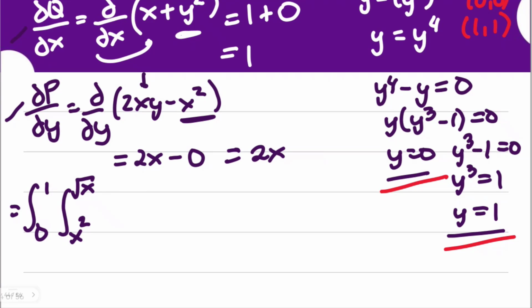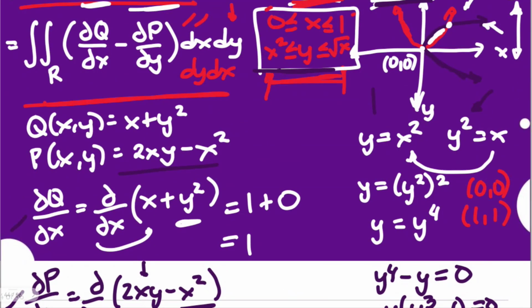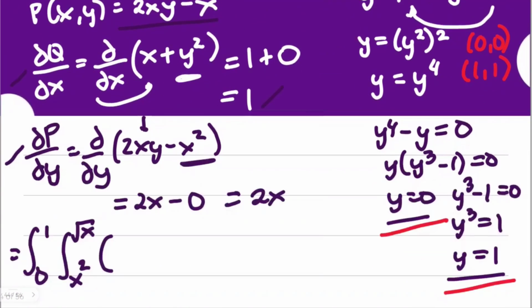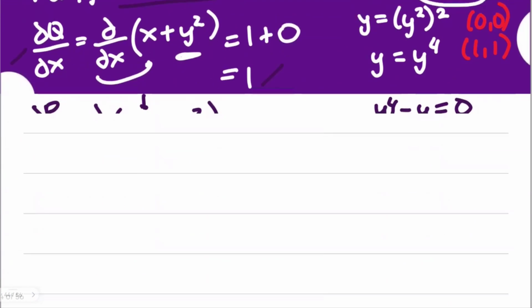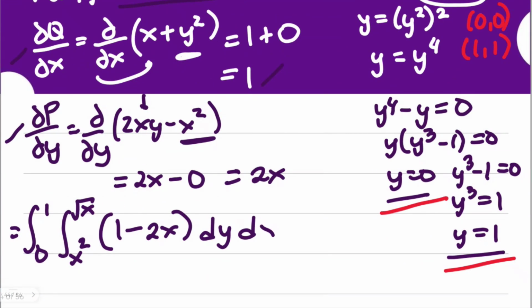The integrand is 1 minus 2x. Right? That's 1 minus 2x. And then we will start with dy and then dx. Okay, so hopefully that's clear. This is the understanding for this specific item here.